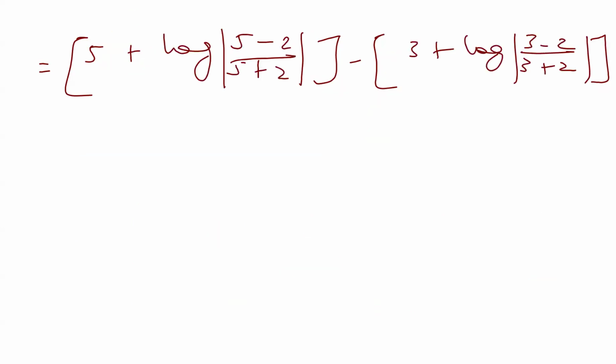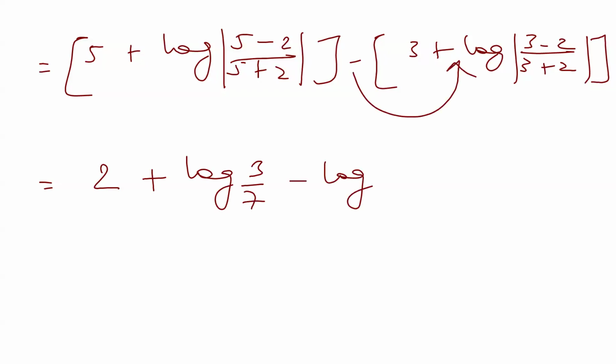Okay. 5 minus 3 will give me 2, log mod 3 by 7, minus into plus is minus, log mod 1 by 5.